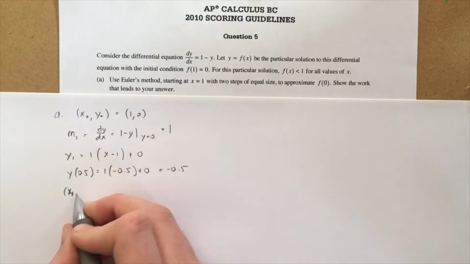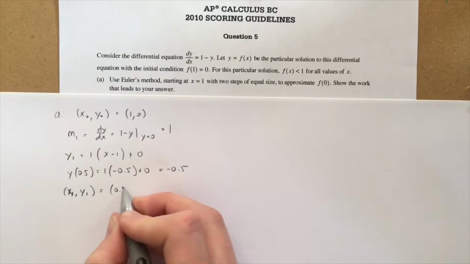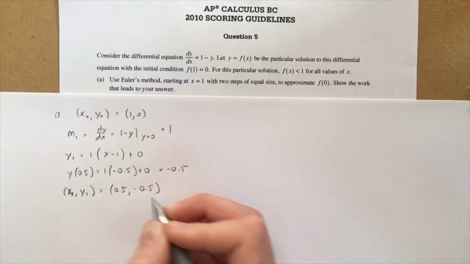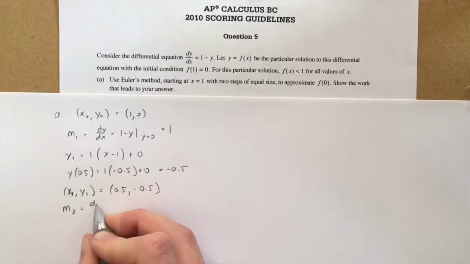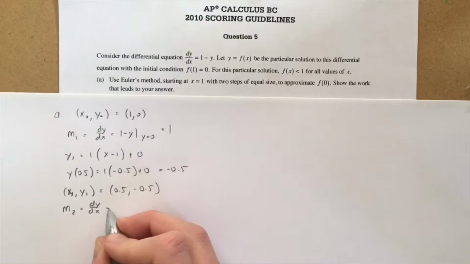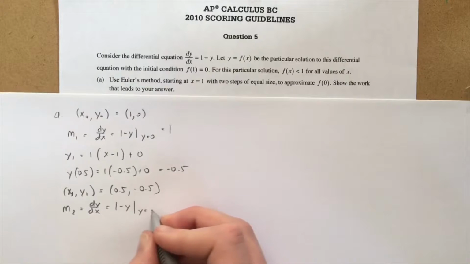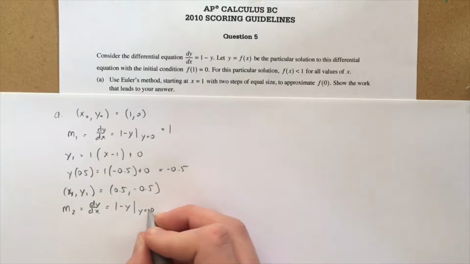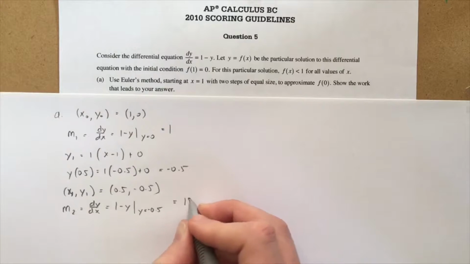So now our new x1 and y1 values are going to be 0.5 and negative 0.5. Next, we're going to find our second slope, which is dy/dx, which equals 1 minus y, evaluated at our new y value of negative 0.5. And when we plug that in, we get 1.5.